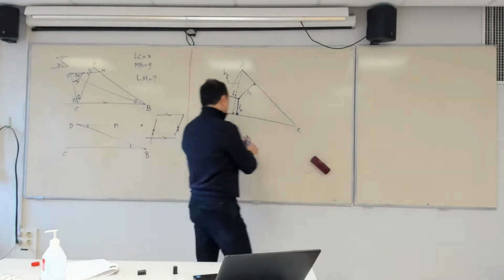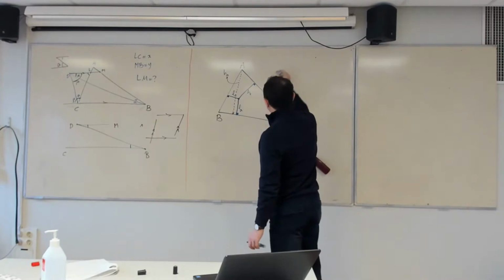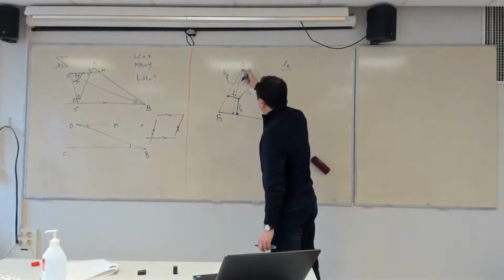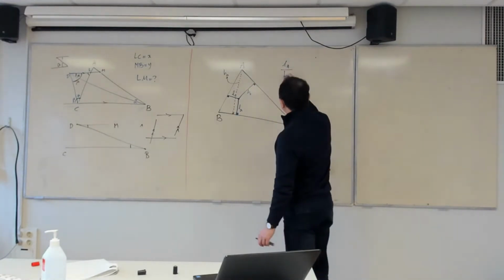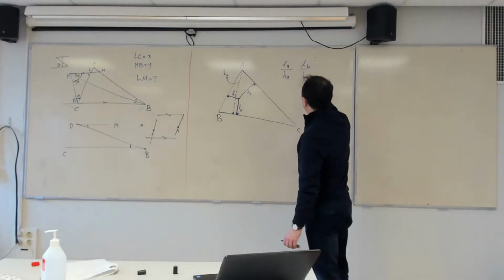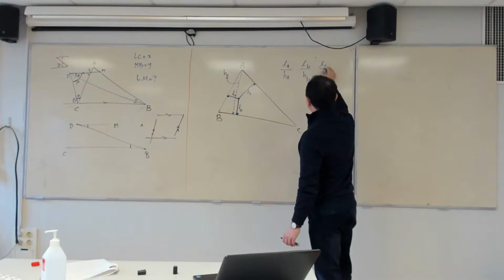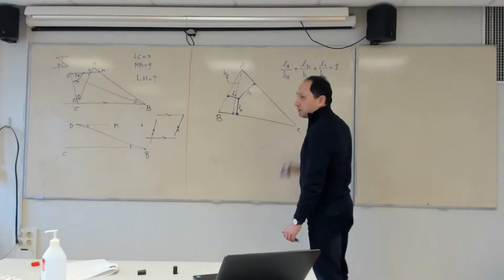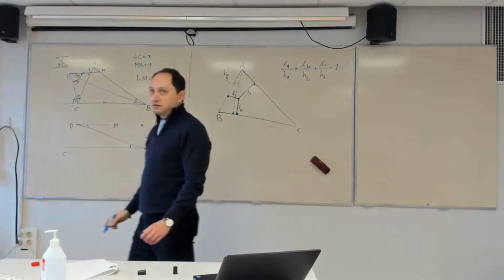We want to show that if I divide this length by the length of the corresponding height, and I do the same for the other ones, and I get three fractions, if I add them, it becomes 1. Exactly, not approximately.